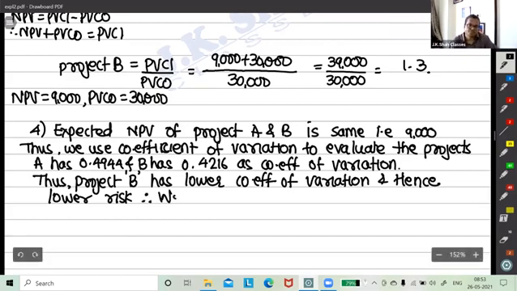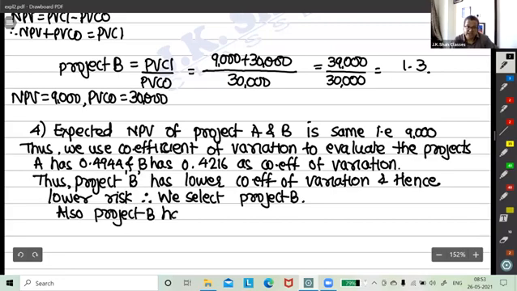Therefore, we select project B, and we will also write project B has a higher profitability index. How can we forget that?